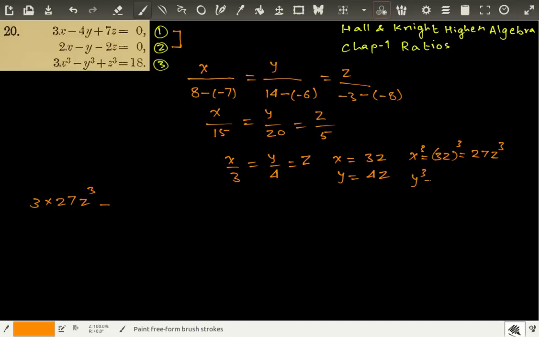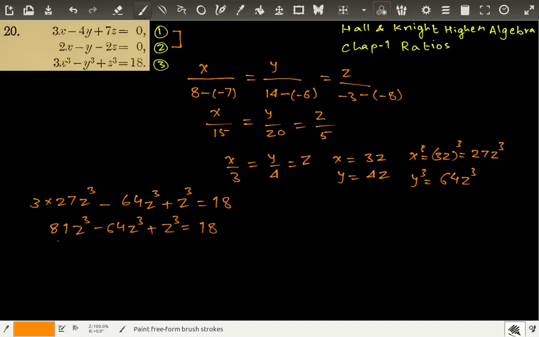Y cube is 4 cube, which is 64z cube, minus 64z cube plus z cube is equal to 18. So this is 81 minus 64z cube plus z cube is equal to 18.